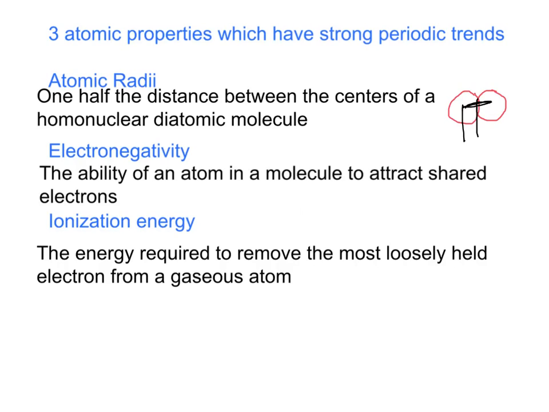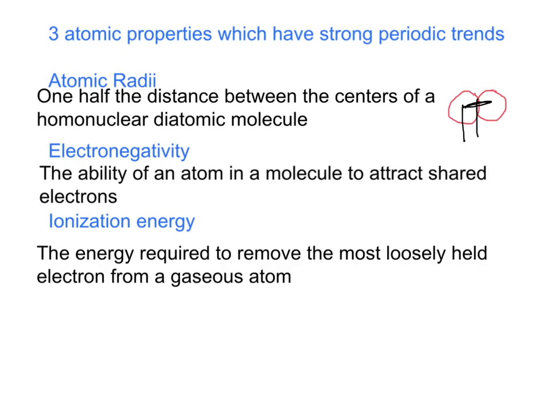Since the electron cloud is not like a hard shell, you can't actually measure from the nucleus to the electron cloud, it's sort of fuzzy. So it's hard to determine the exact size. But we can measure the distance between the two nuclei, and then half that is a good estimate of the size of an atom, or the relative size of atoms.